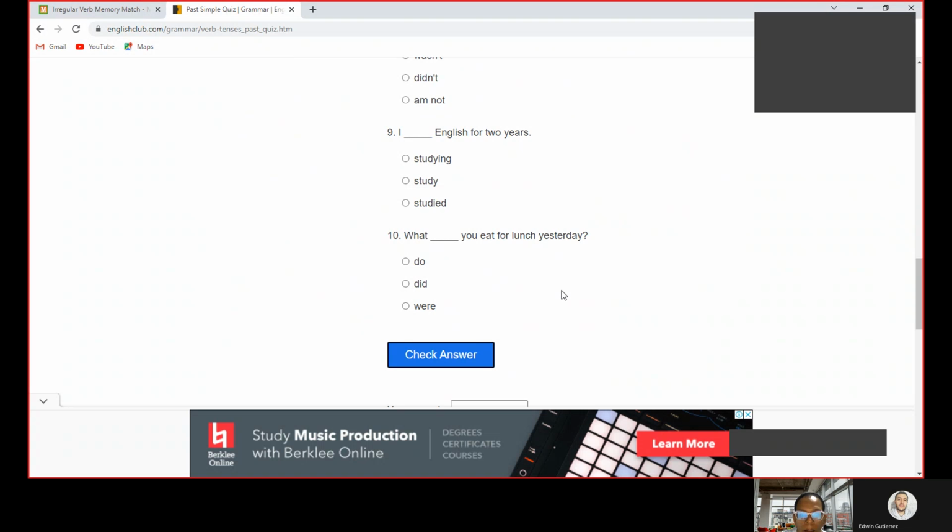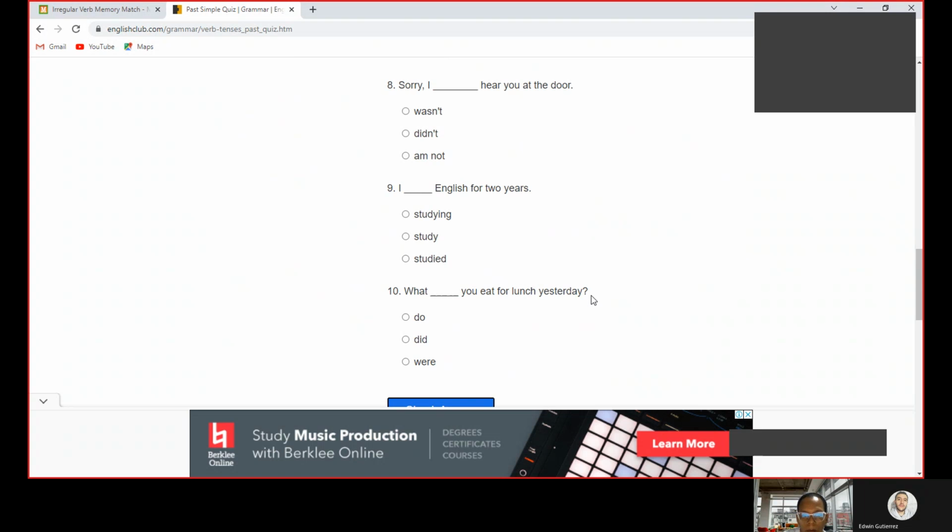"Was" is used with I, he, she, and it, and "were" is used with we, you, and they. Yes, "was" is with the third person singular and I: I, he, she, it. And "were" is used with you, we, they. Okay.